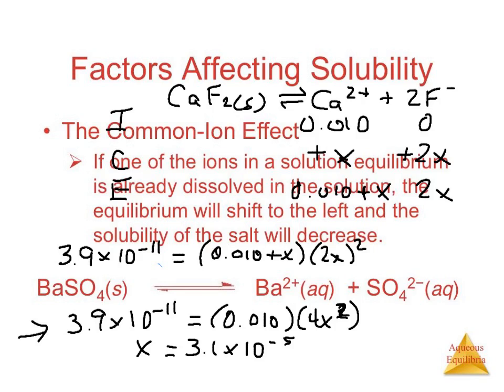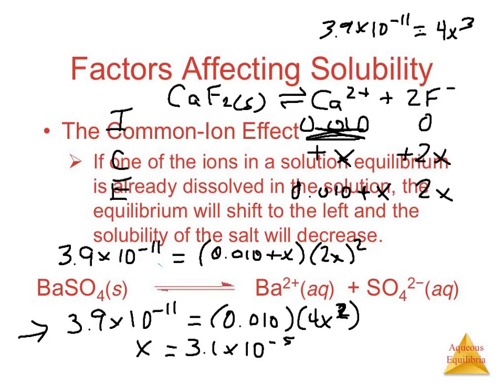I don't have a calculator down here with me, so I can't calculate exactly what that number would be. But basically, what you would end up with on a normal problem like this, without the 0.010 in there to begin with, is that you'd end up with 3.9 times 10 to the negative 11th is equal to 4x cubed.